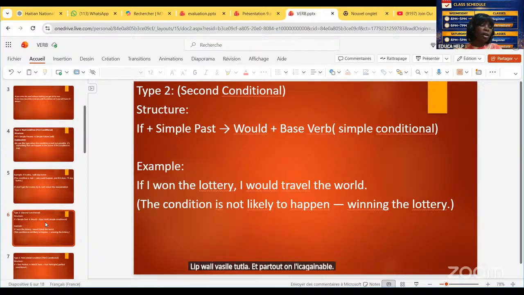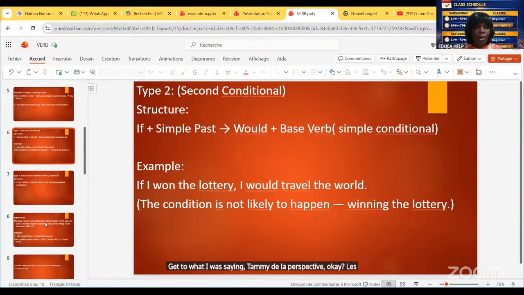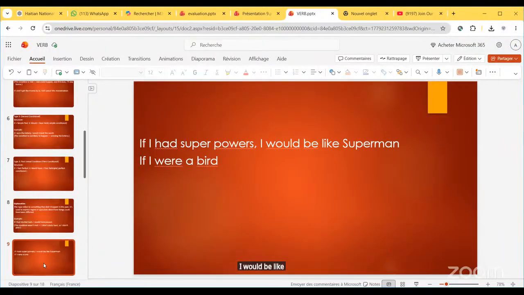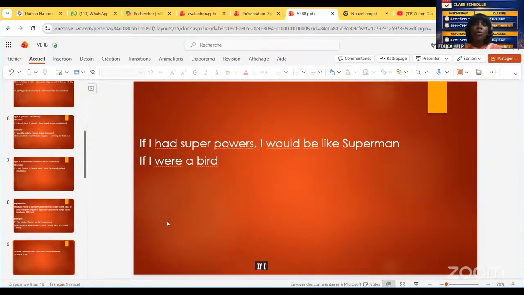Which gets to what I was saying: it means the condition is more fictional, more imaginary. I have more examples. If I had superpowers, I would be like Superman. If I had superpowers, I would be like Superman.